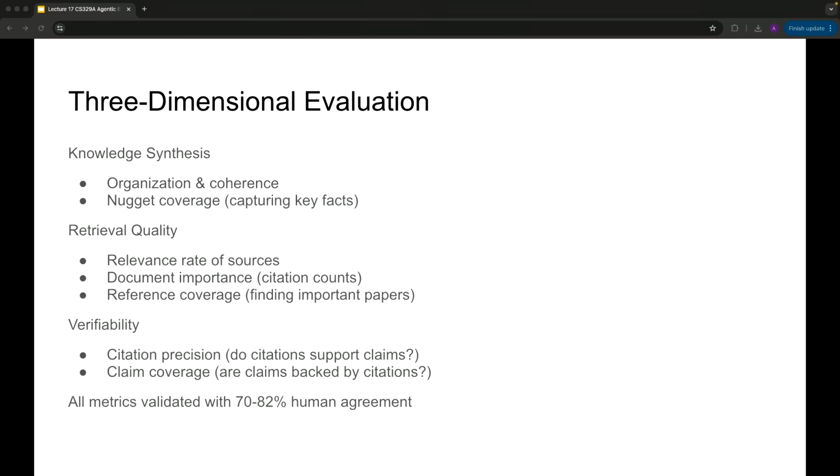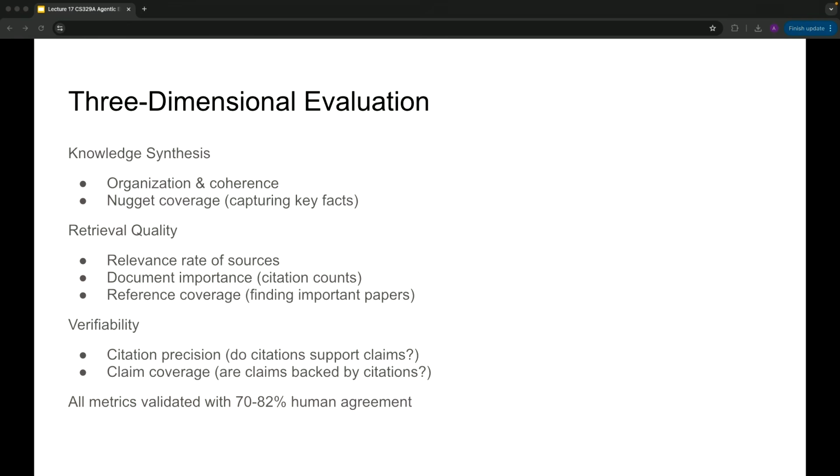Citation counts. It's kind of well known that you want highly authentic sources, so whether the papers are important in terms of covering those in the retrieval, and then reference coverage. So this is similar to, is it finding important papers or not?